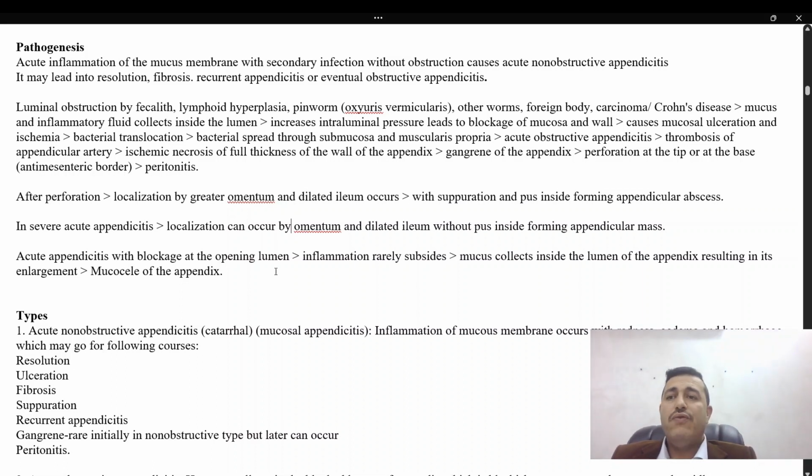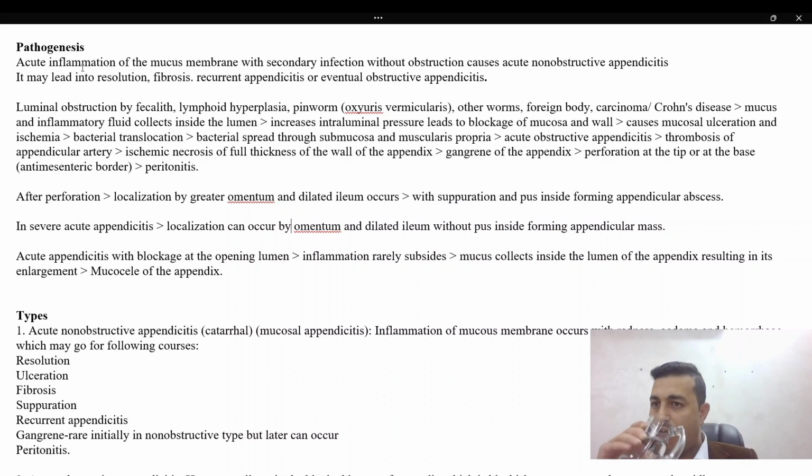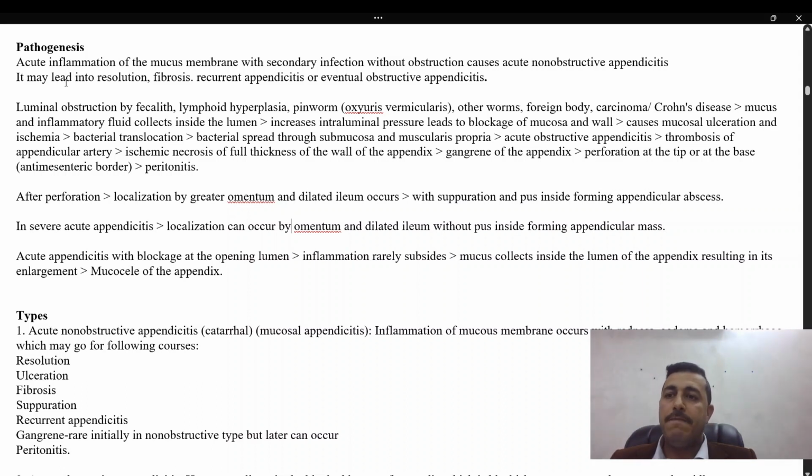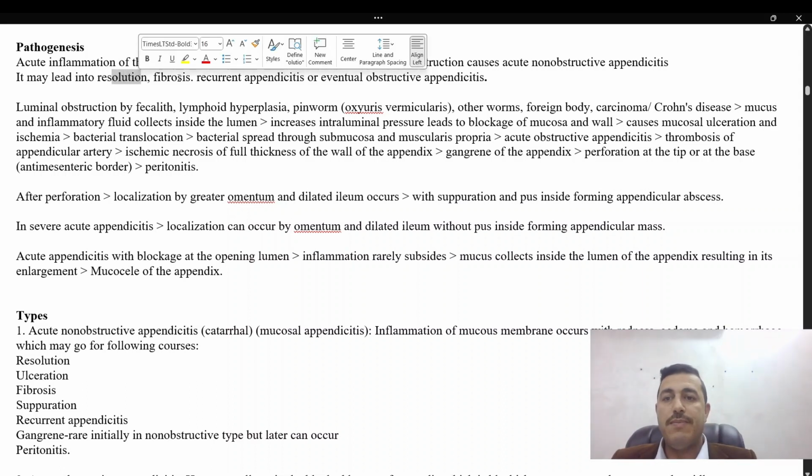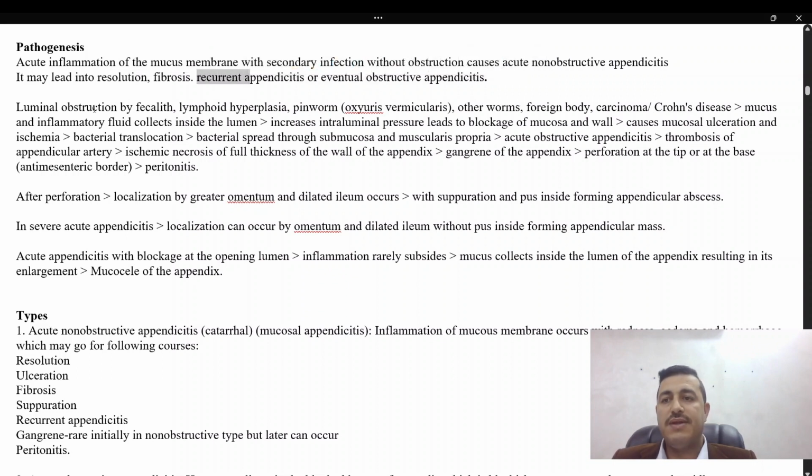For example, if we are talking about non-obstructive appendicitis, it's actually inflammation of the mucous membrane with secondary infection, either viral or bacterial, and this finally will be either resolution, fibrosis, or recurrent appendicitis, or lead to obstructive appendicitis.